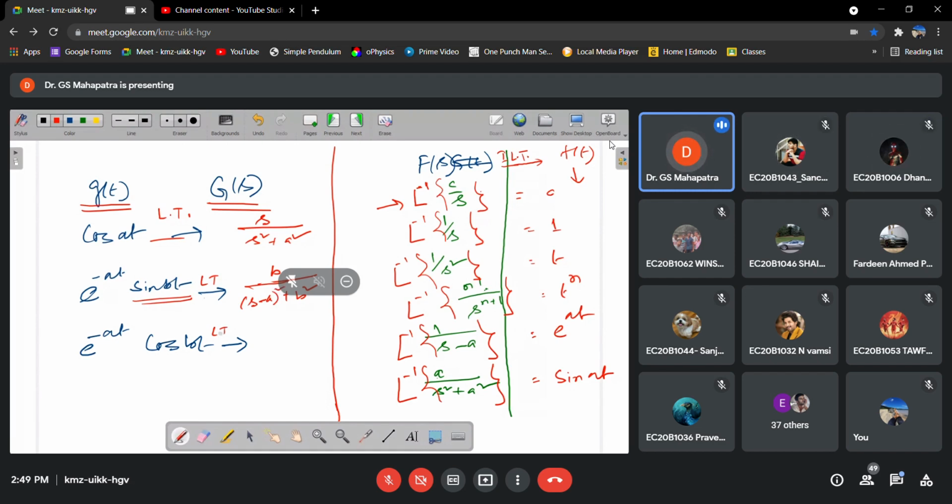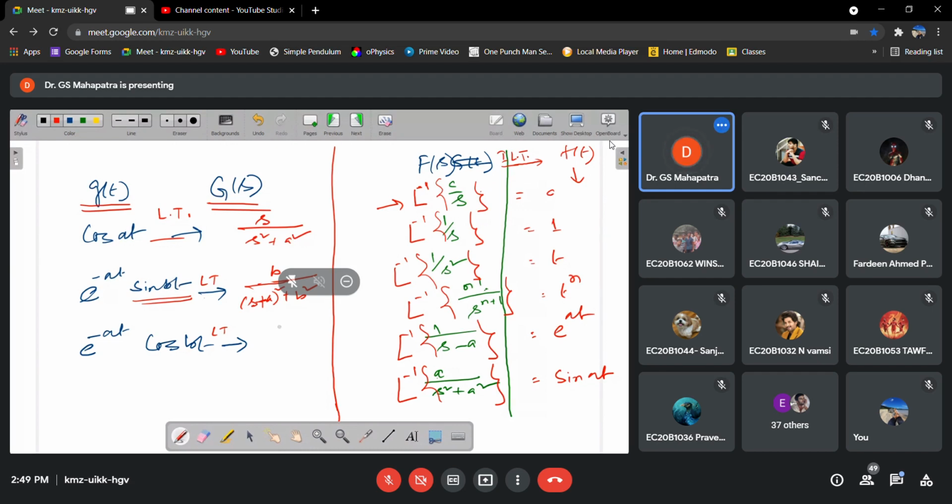I have written s minus a whole square. Sir, it will become s plus a. Somebody says plus, somebody says minus, so just check your notebook. What is the correct answer? s plus a whole square. Correct. Now the second one is easy for you.